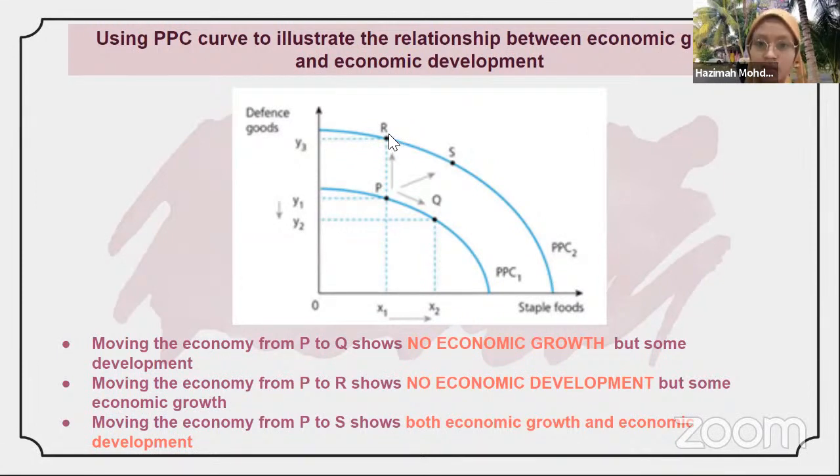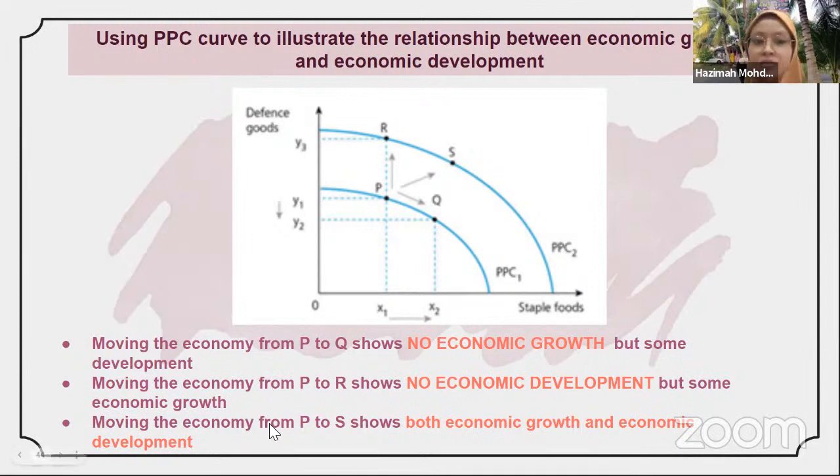So next, moving the economy from P to R shows no economic development, but some economic growth. This is because we can see that the output increases because the PPC curve shifts from PPC curve 1 to PPC curve 2, but the country is producing more defense good rather than staple food. So the allocation of the country is being used to generate defense good, but not to distribute food to the people.